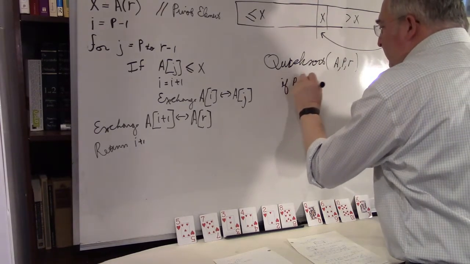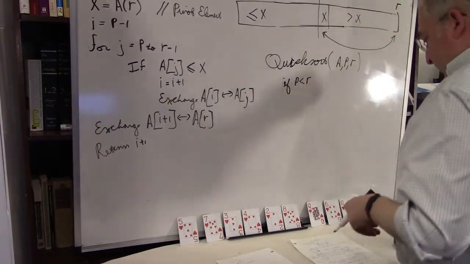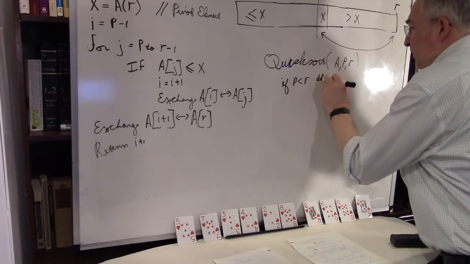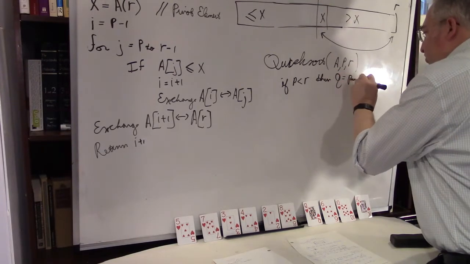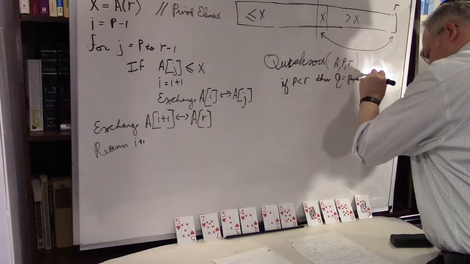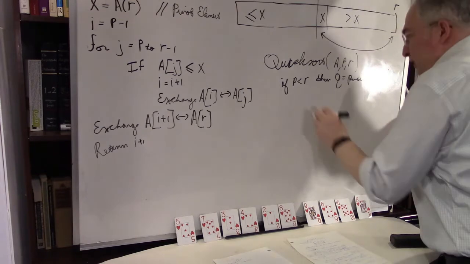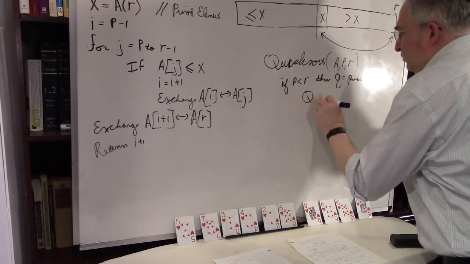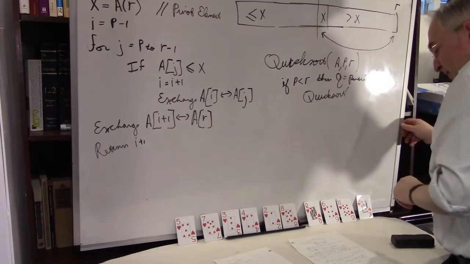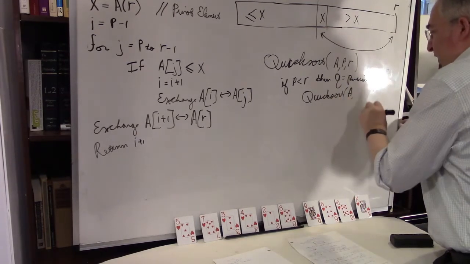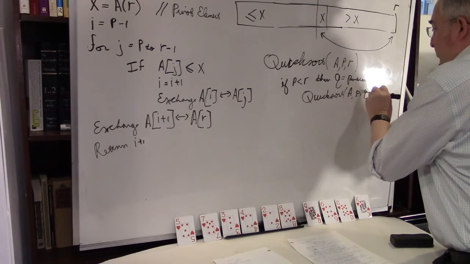If P is less than R, that means if the beginning of the array is less than the end of the array, then Q equals partition A, comma P, comma R. Quicksort the array A, from P, the beginning, till Q minus 1.